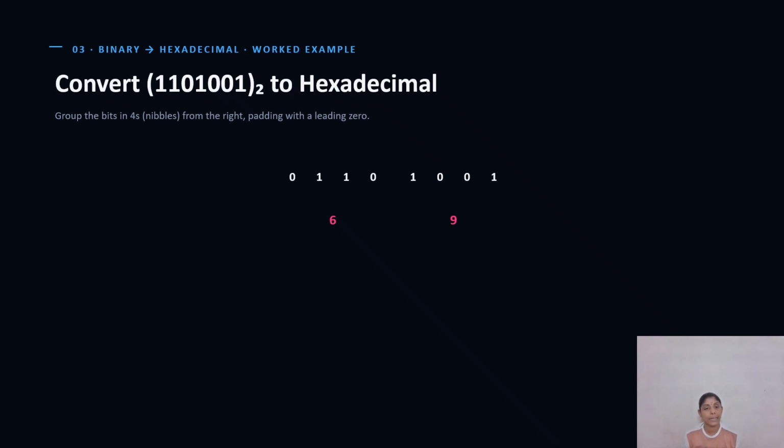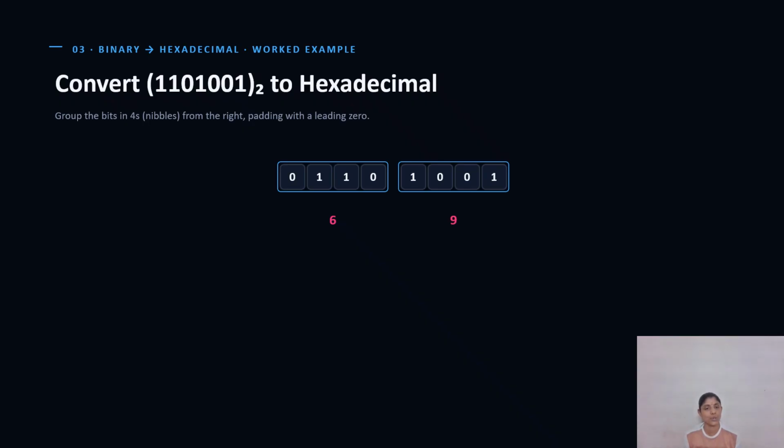Again, check the first point. Whether it is an integer number or a fractional number. It is an integer number. If it is an integer number, how to start the grouping? You have to start the grouping from the LSB. LSB is 1. The next value is 0. The next value is 0. The next value is 1. So I have written it as 1, 0, 0, 1. You can see the group.